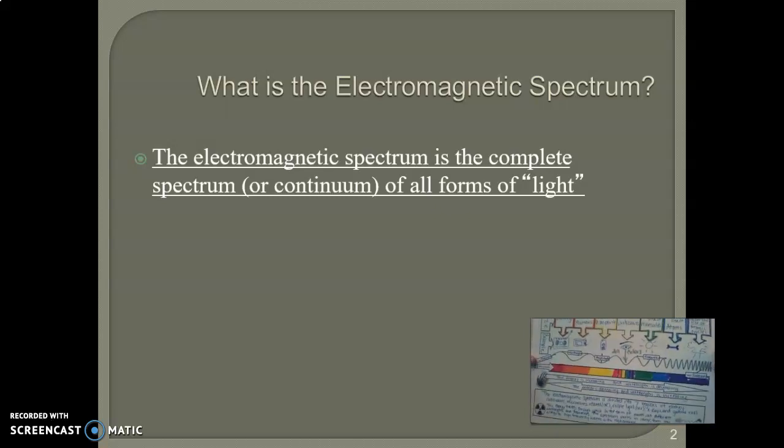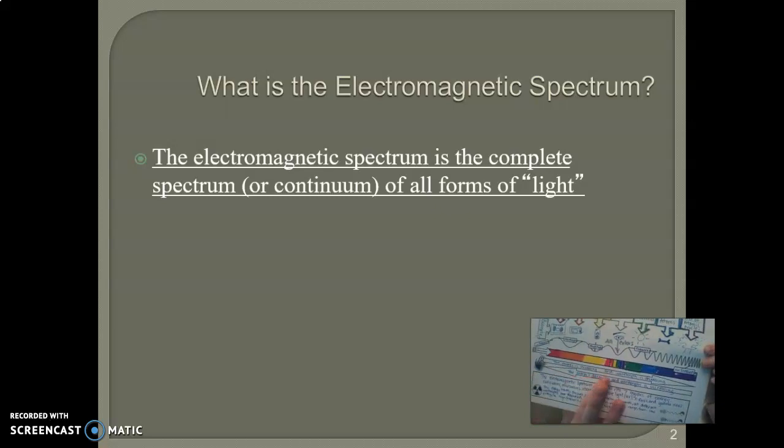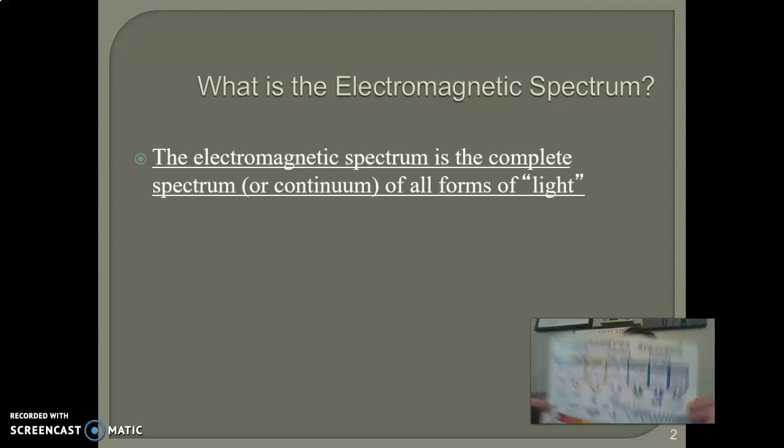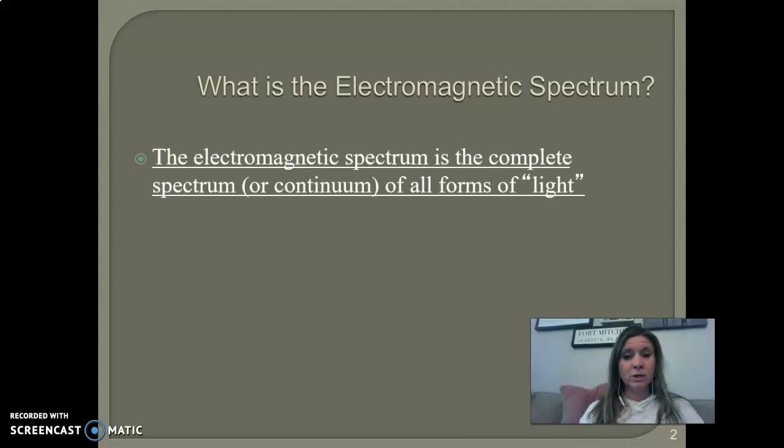And within the visible light, all the colors are broken down in the spectrum again. So meaning that we can see all colors, unless, unfortunately, we're colorblind or lack some deficiency. But more than likely, most of us can see red, orange, yellow, green, blue, indigo, and violet. And that is part of the spectrum.